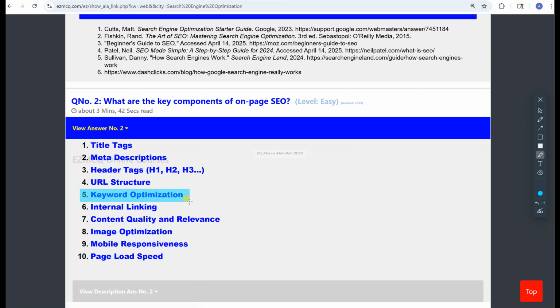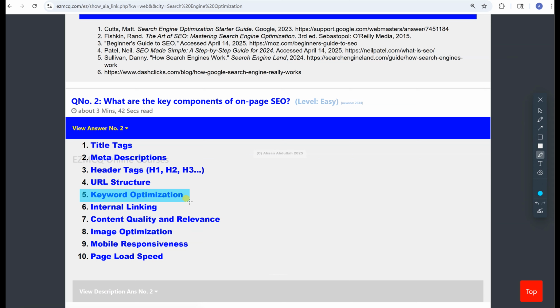So you should know what keywords the users are using to get to what you're offering. Those keywords should be there in the titles, in the headers, and in the body text, because that will increase your chances of ranking higher in the search engine results. So when you rank higher in the search engine results, then of course your ranking increases.